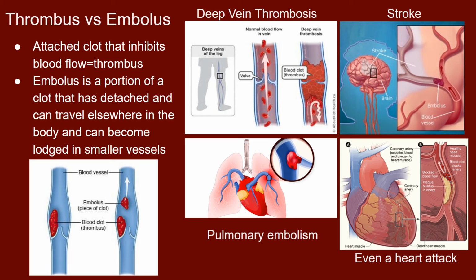Both of these situations can be life-threatening because they can block blood flow and thus oxygen as well as nutrients from making it beyond the clot. This is particularly common in vessels of the legs because they have valves to help prevent blood backflow due to gravity. When this occurs, we refer to it as a deep vein thrombosis. It can also occur in the vessels to the brain, resulting in a stroke, pulmonary circulation to the lungs, or even the coronary arteries of the heart.